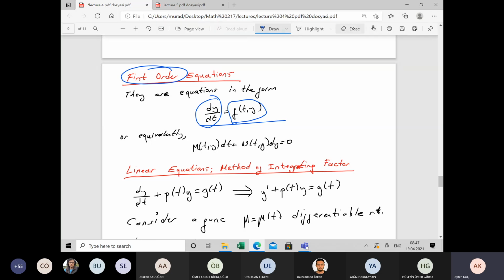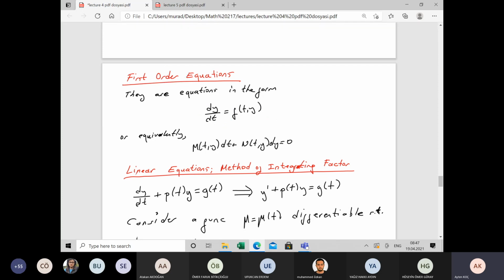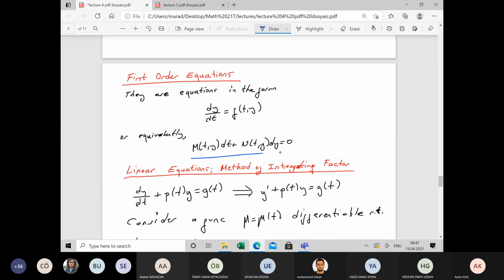Or equivalently, the equation can be written in this form. What's the form? Look at the second one.